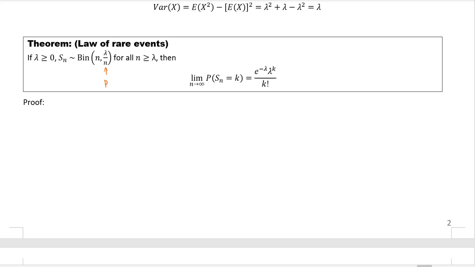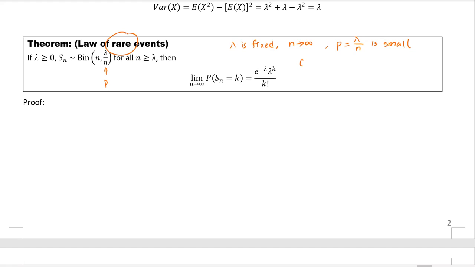Here you can see lambda is fixed, and when n goes to infinity, p is lambda over n. Because our numerator is fixed and our denominator is getting bigger, p is getting smaller, so p is very small. That's why this is called the law of rare events, because the probability of success is small.